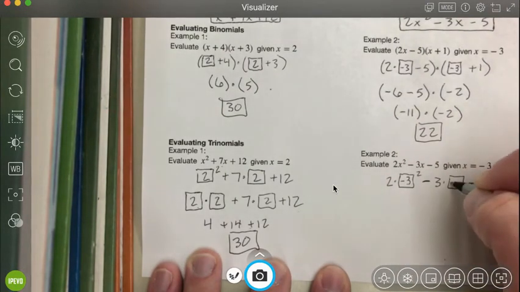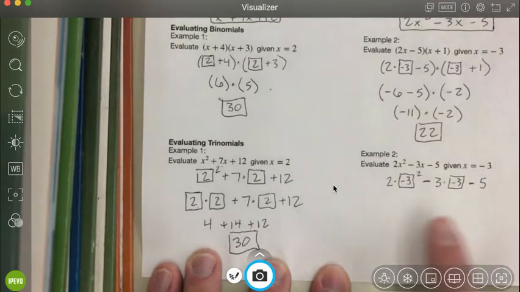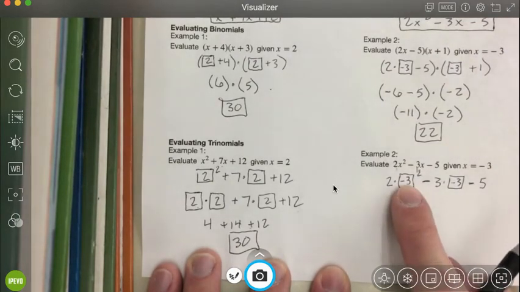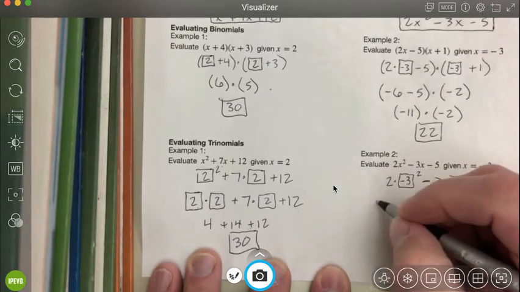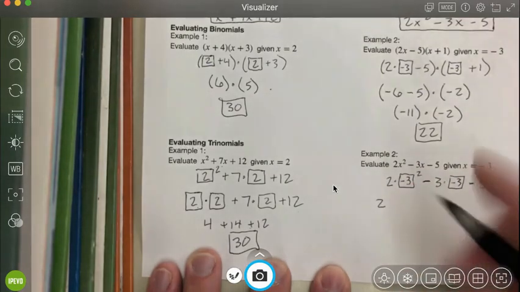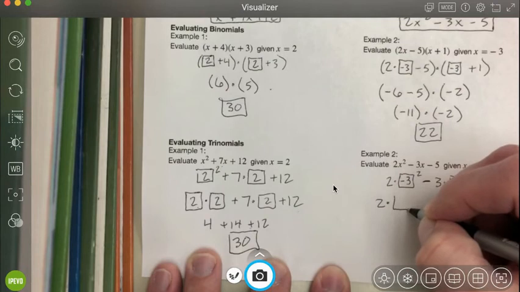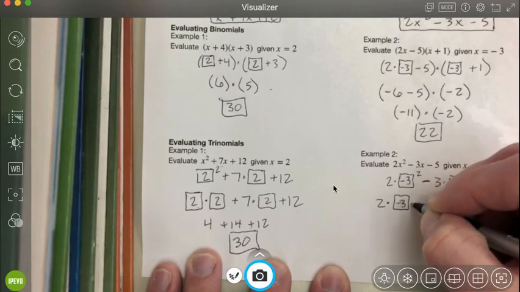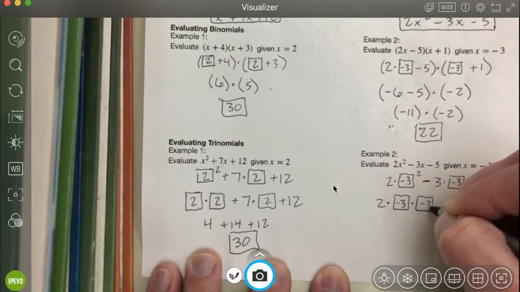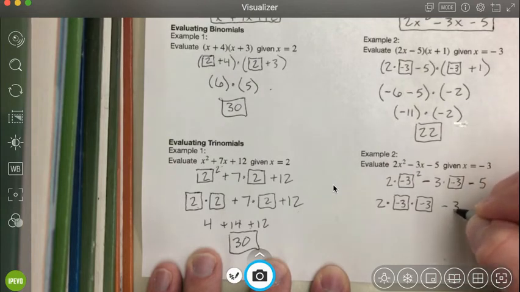So negative 3 is going in here, negative 3 is going in here. All right, once again, this negative 3 to the second power really tells me I'm doing negative 3 times itself. So in other words, doing negative 3 times negative 3. There's a lot of 3's going on here.